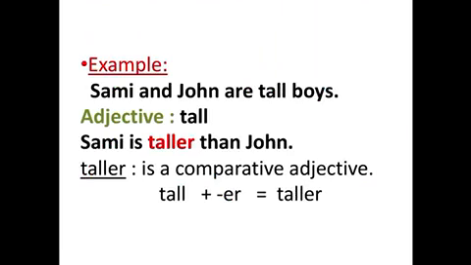Taller here becomes a comparative adjective. We add the suffix er to the base word tall. So it becomes taller. Here we are comparing between two objects, Sammy and John.